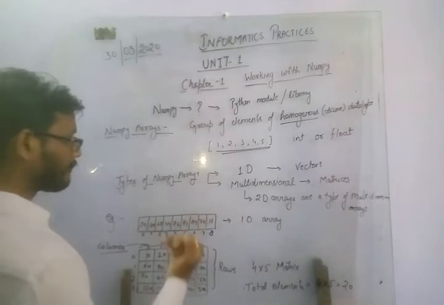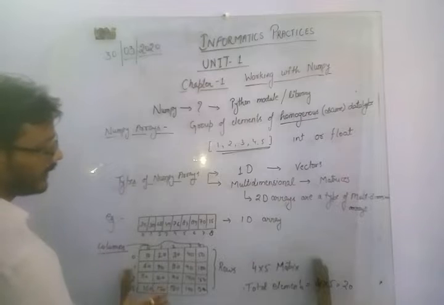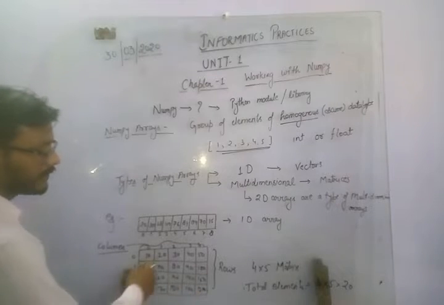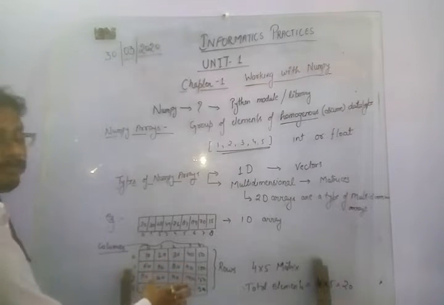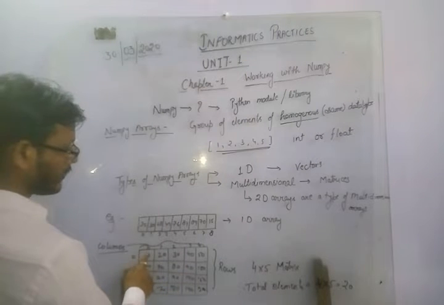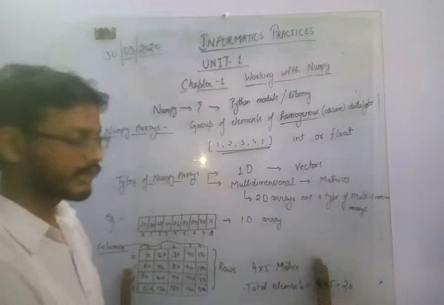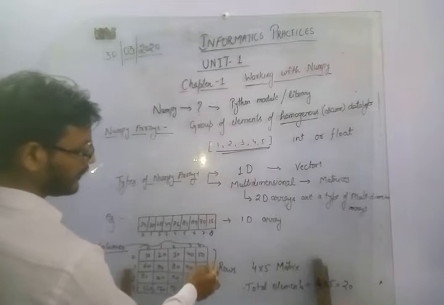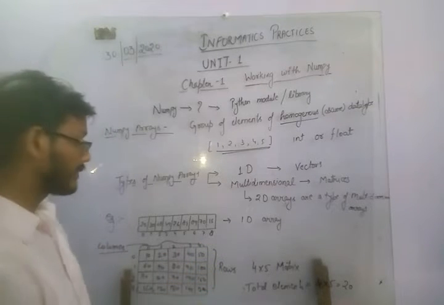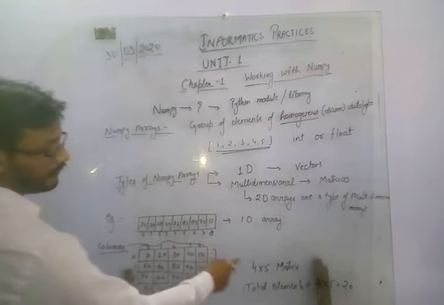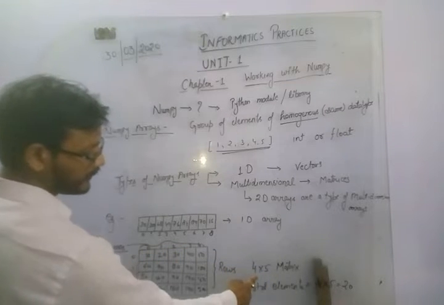Now coming to the example of a two-dimensional array, here we have drawn a matrix of a two-dimensional array. Here we have 1, 2, 3, 4 and 5. 5 columns are there and 4 rows, 1, 2, 3 and 4. So we have 5 columns and 4 rows.